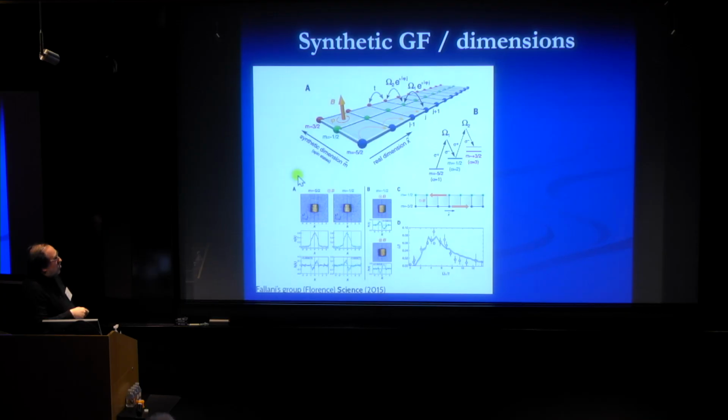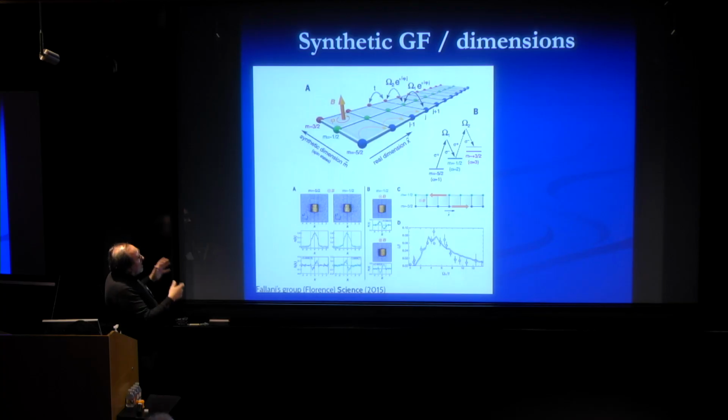And you can measure separately the population of each one of these species, so you know how many atoms you have on this chain, on this chain and on this chain. Physically, it's a single chain. So you can pass a current by giving a kick to the system, and therefore you can measure the Hall effect.